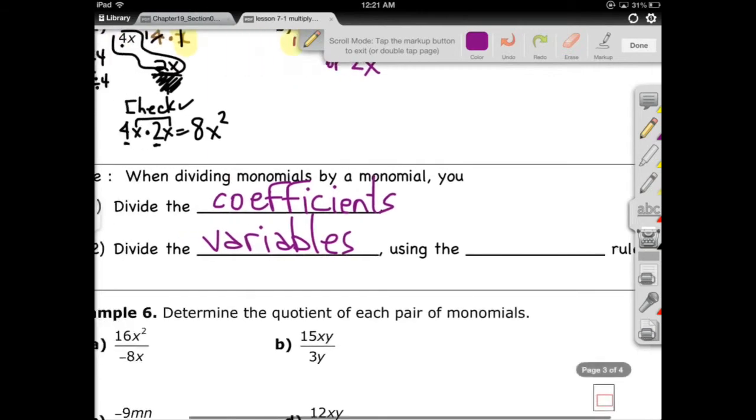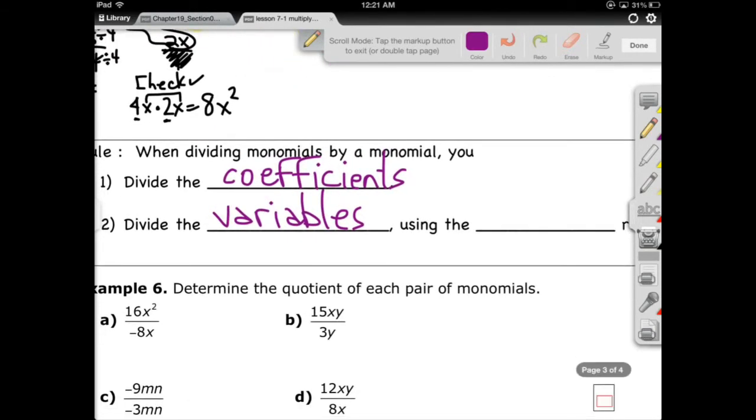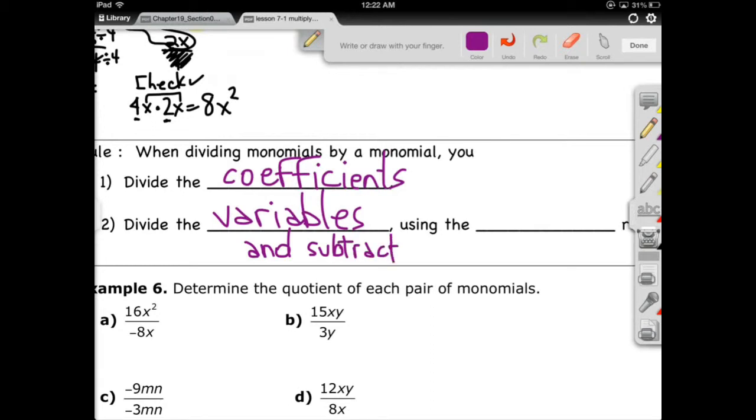So you can divide the variables, and I'm going to put a little side note, and subtract if the bases are the same. Right? You can subtract using the exponent rules.